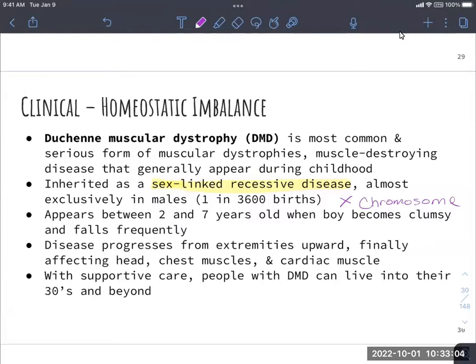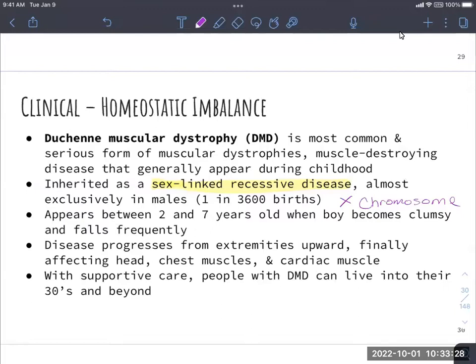This is a disease that is progressive. They start being really clumsy, and eventually they won't be able to walk. Without any kind of supportive care, they usually do not live past 20.